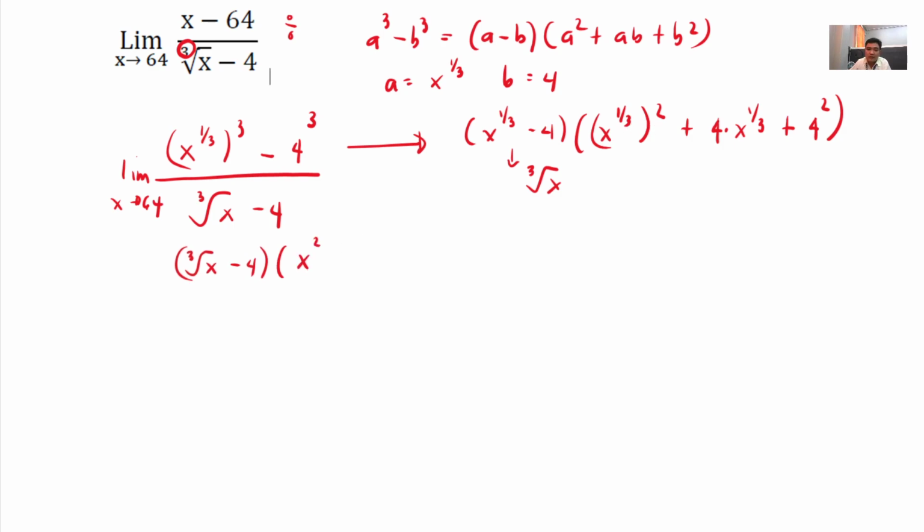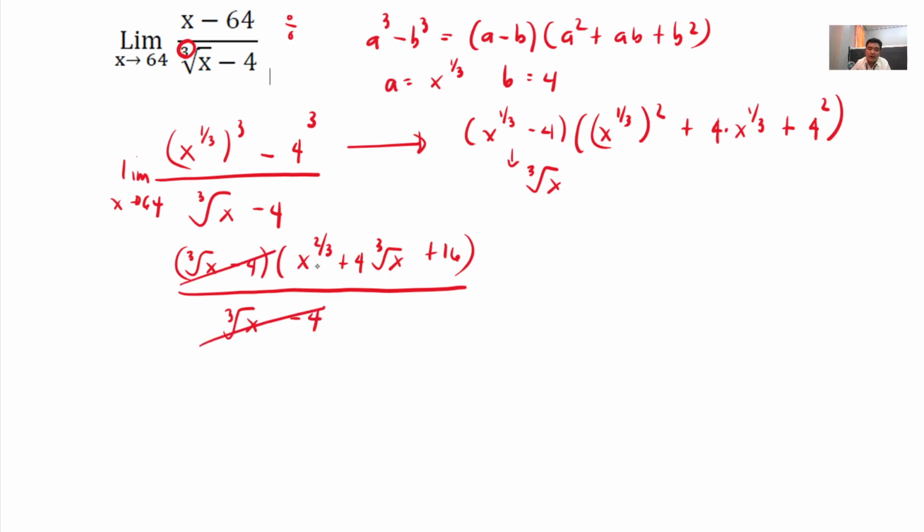So x raised to 2/3, plus 4 cube root of x, and then plus 16, all over cube root of x minus 4. So makakansel yun, class. Ang naiwan, x raised to 2/3 plus 4 times cube root of x plus 16.